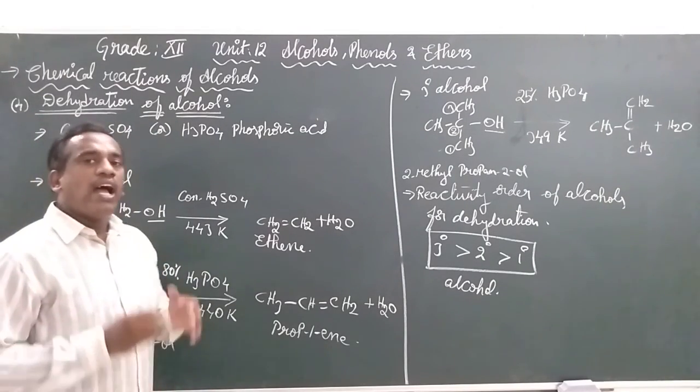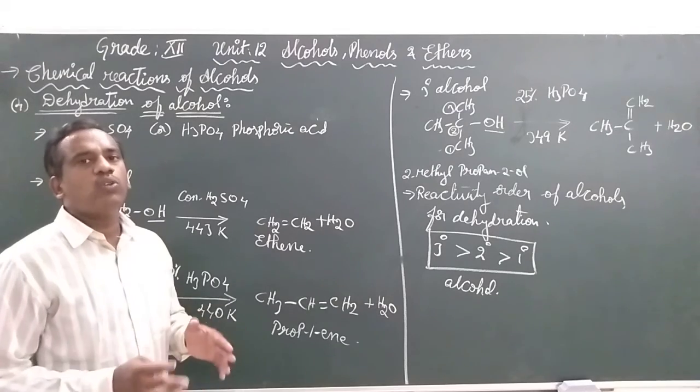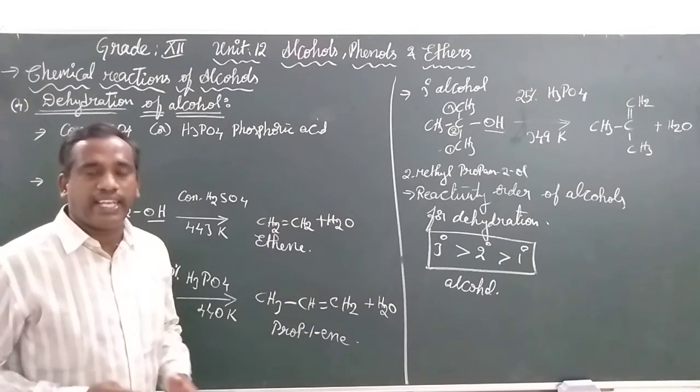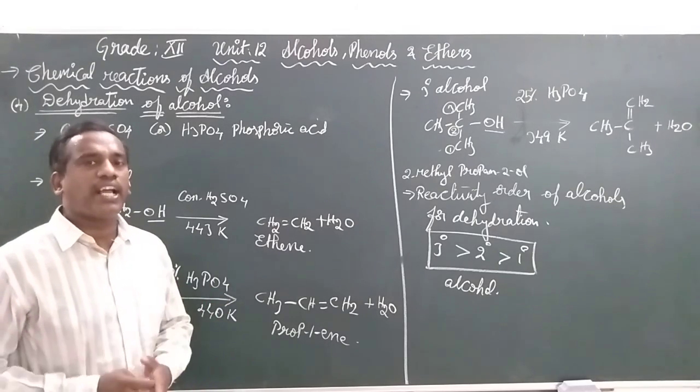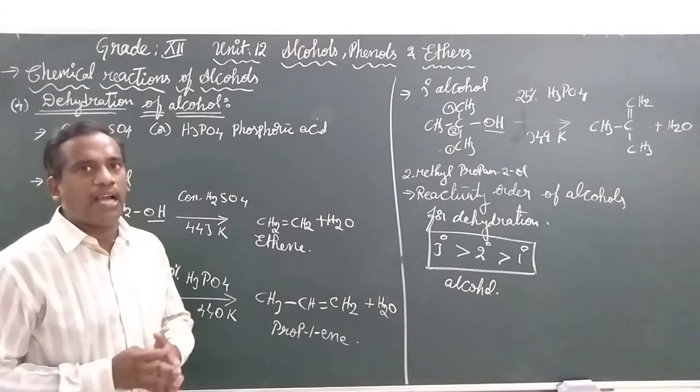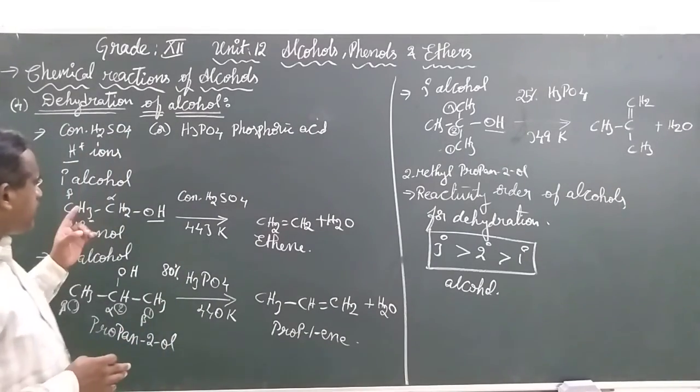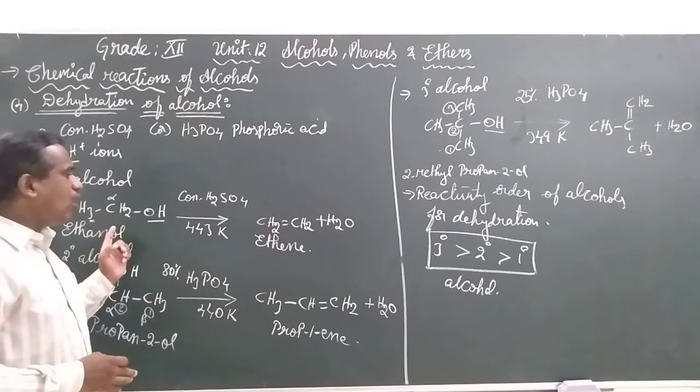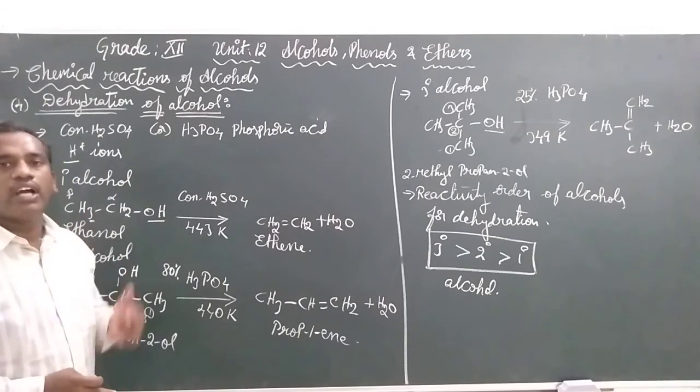Now let us see the mechanism of how this dehydration reaction takes place, and for this mechanism we are going to take an example of how to convert ethanol into ethene.